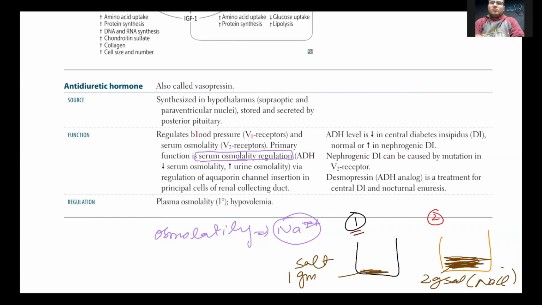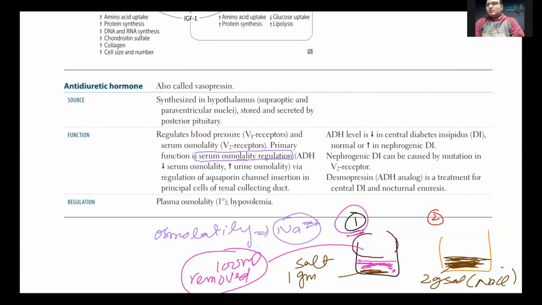Now I will remove 100 ml water from glass 1. Now the water layer is only at this level. This area is free, no water here. But glass 2 is filled totally, a complete 200 ml.